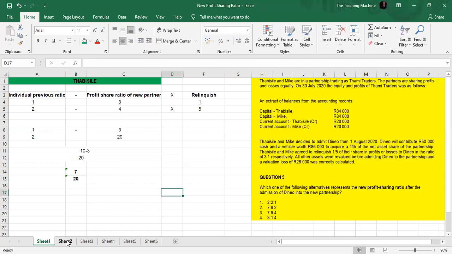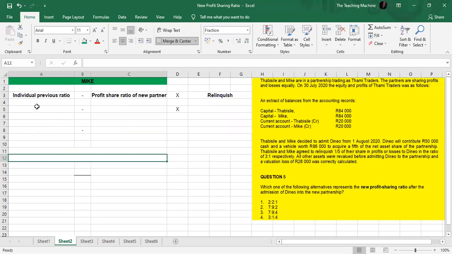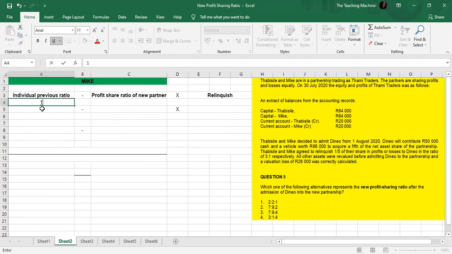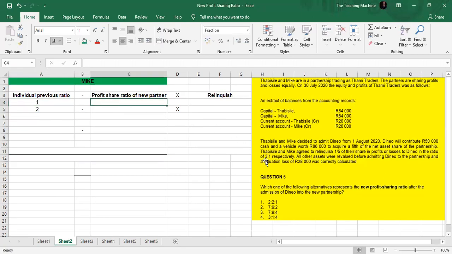Now let's look at Mike. Remember the previous ratio is equally, which means it's 1/2. Then let's look at this information. 3:1 respectively, which means Tabisile takes 3 and Mike takes 1.